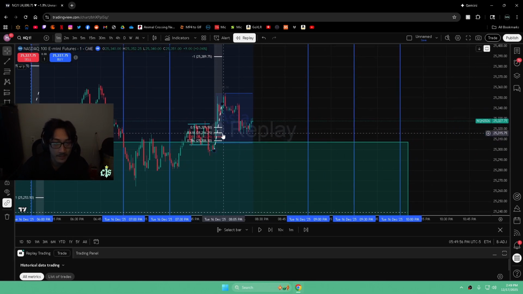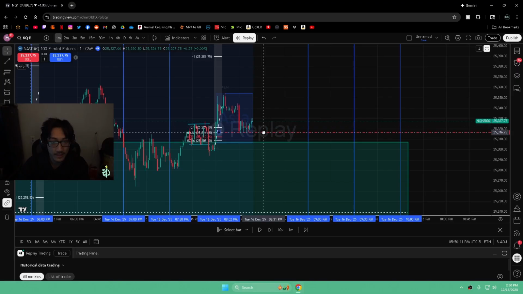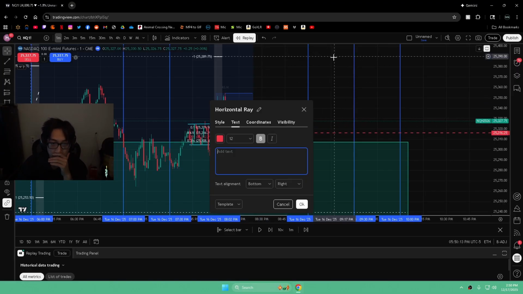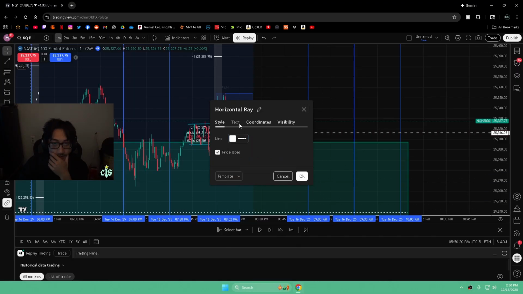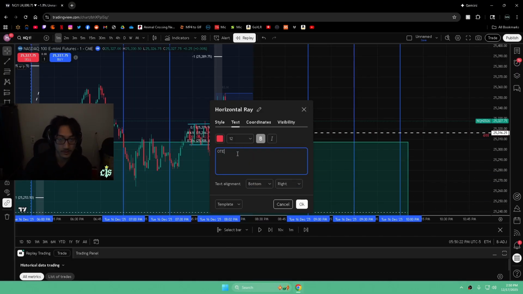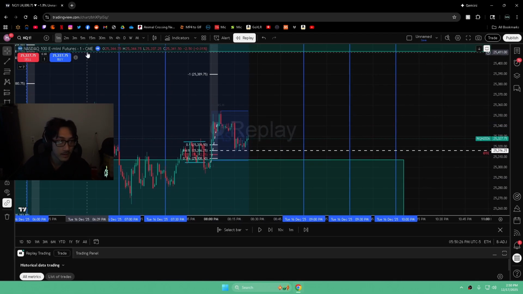Now we have our entry zone, our OTE, optimal entry zone, right here. Now in this case, it keeps on tapping it, but we're also barely at market open. So you want to give it some room, right? Be patient with it. So we're just gonna change this to this OTE. All right. So here's our OTE, optimal entry zone.